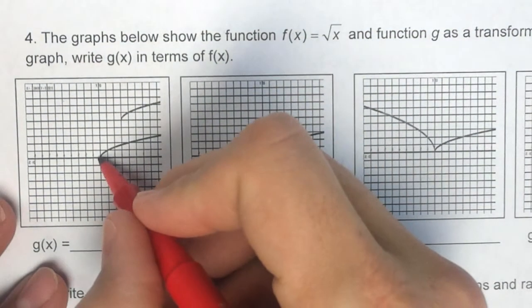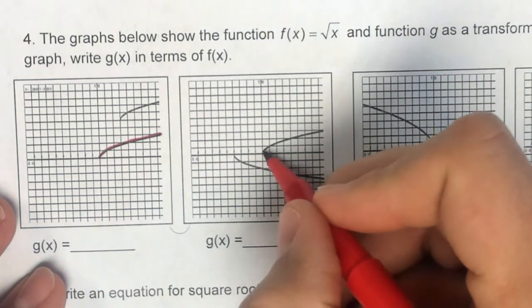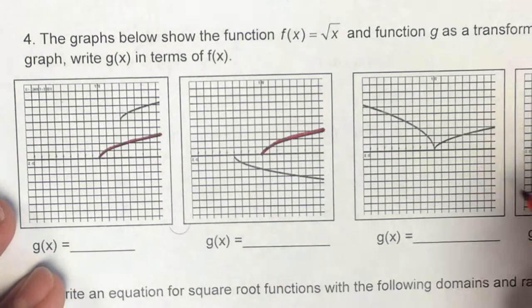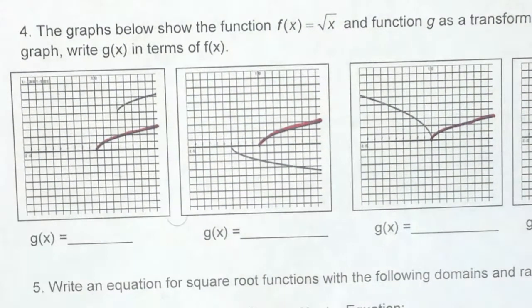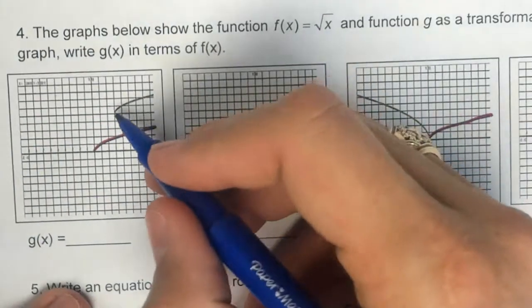Okay, I'm going to highlight our parent function on each of these in red. There's my parent function, f of x, square root of x. And what we're going to do is figure out what my transformations are. So first, let's look at this one.